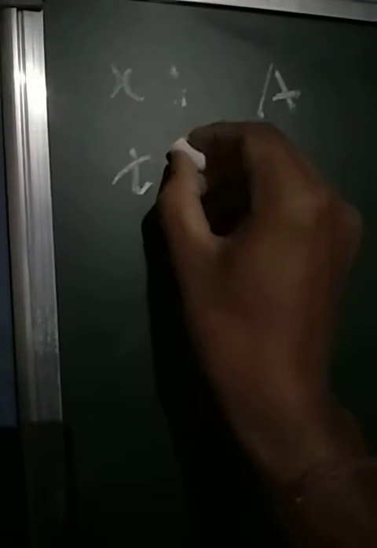First we will consider a point particle and we will designate its position at different times. Let X be the variable, the position, and the positions be A, B, C, D, E, and F. Okay, then we'll get the times.